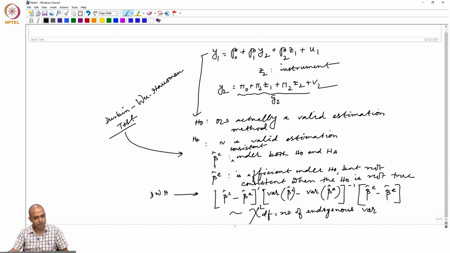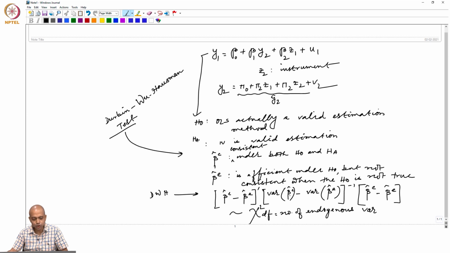Consistency is preserved under IV and efficiency under OLS. So, this is IV minus OLS, again the variance of beta hat IV minus OLS, and again IV minus OLS. So, the entire DWH test statistic is based on how far the IV estimates are from the OLS estimates. That is the logic of the Hausman test.